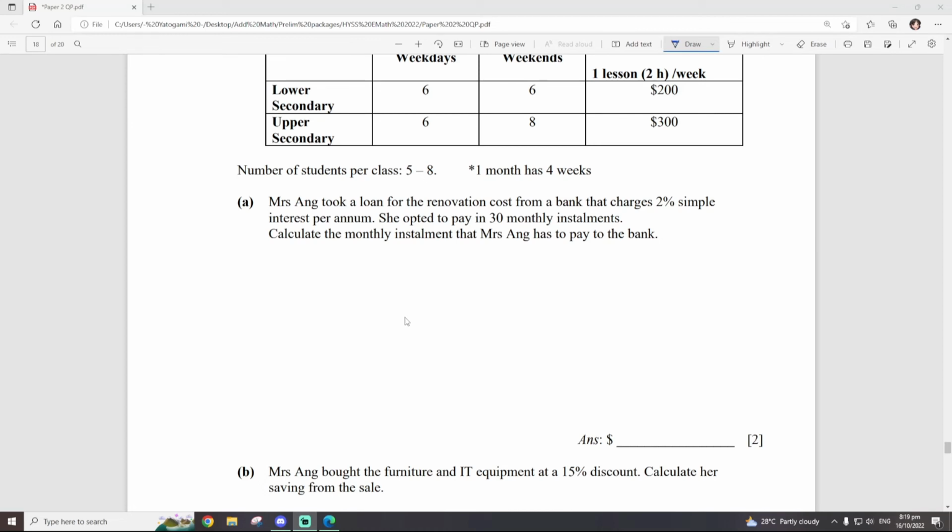So the interest will be 40,000 times 0.02, 2 over 100, times 2.5, because 30 monthly installments will be 2.5 years.